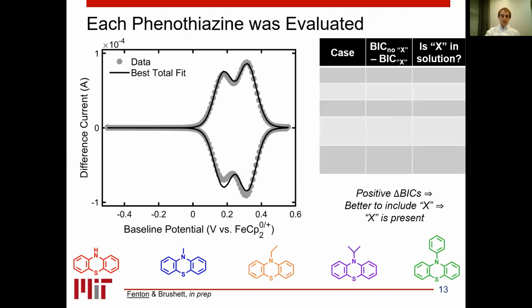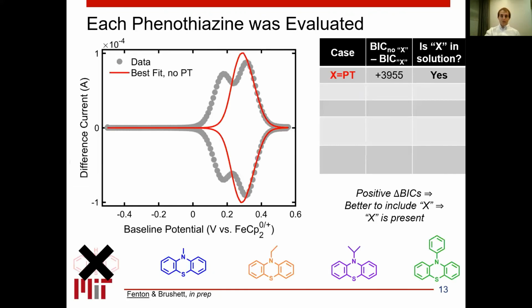This is then repeated for compounds Y, Z, and so on. Now, in the case of the phenothiazines, when unsubstituted phenothiazine is excluded from contention, visually the fit is much worse. And this is reflected in a large difference between the BICs of the two models. Now, since the fit is much worse when phenothiazine is not included, we can say that phenothiazine must be in solution.